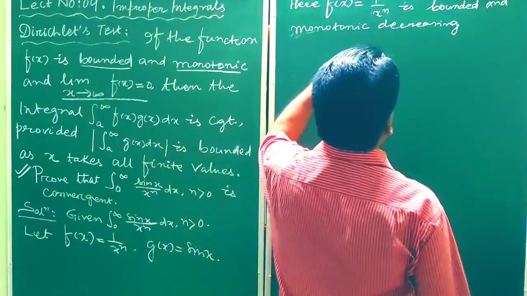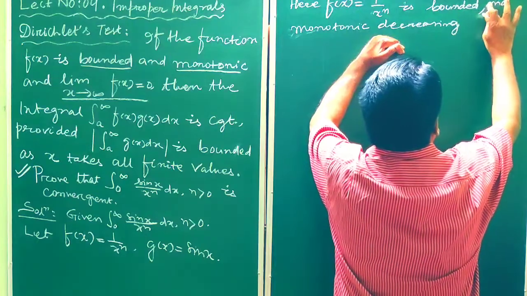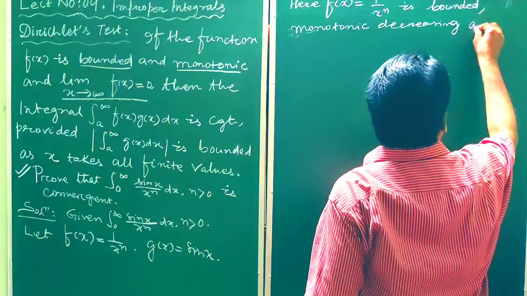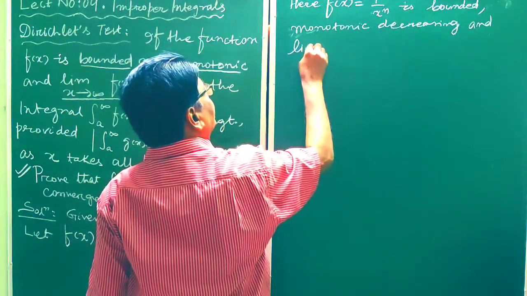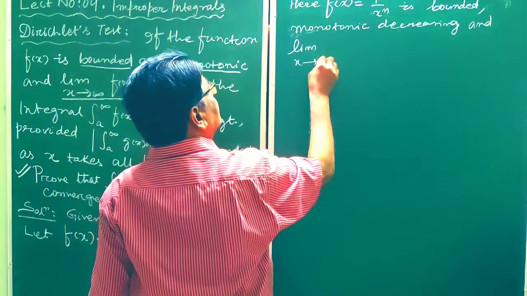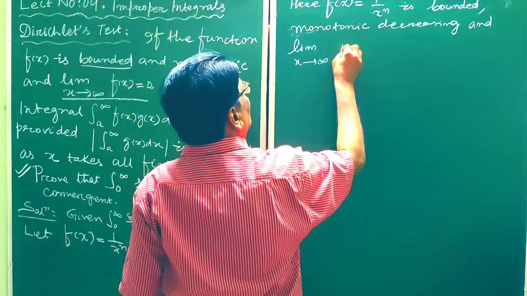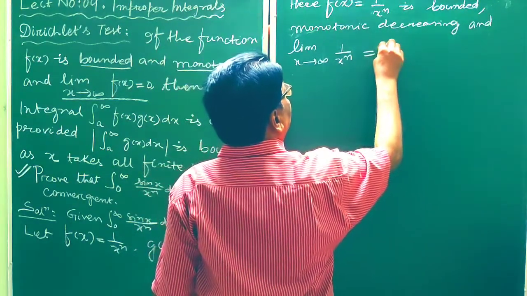Here f(x) equal to 1 by x to the power n is bounded, monotonic decreasing, and the limit as x tends to infinity of 1 by x to the power n is equal to 0.